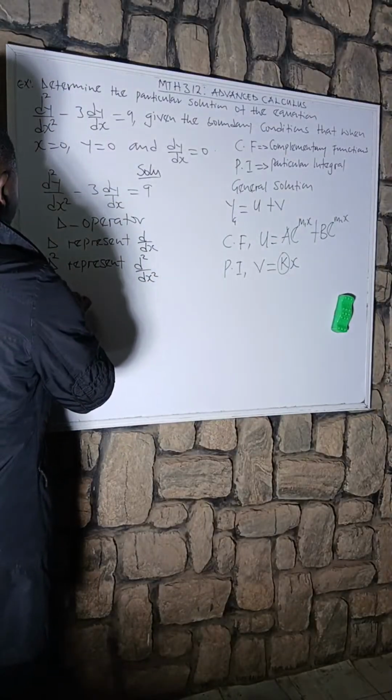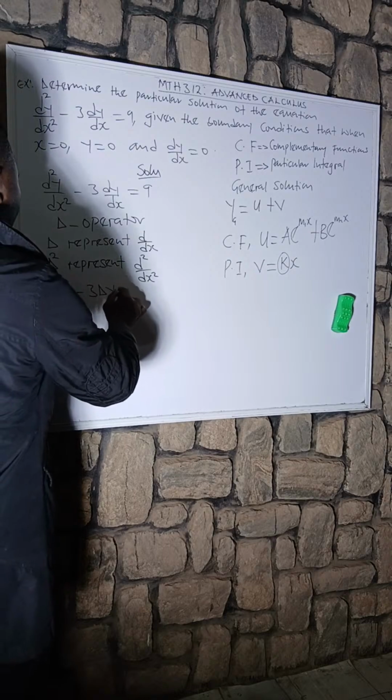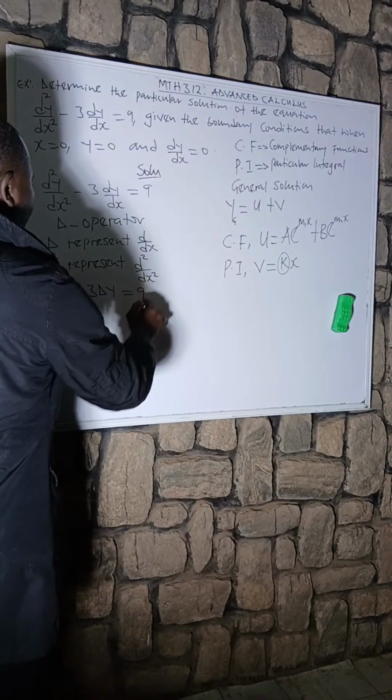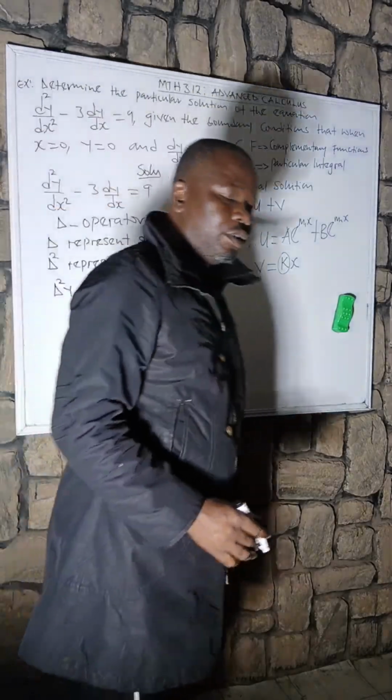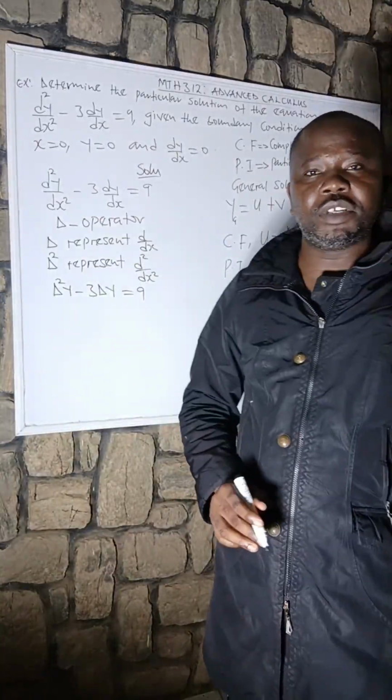It means D squared y minus 3Dy equals 9. Do you agree with me? Any question?